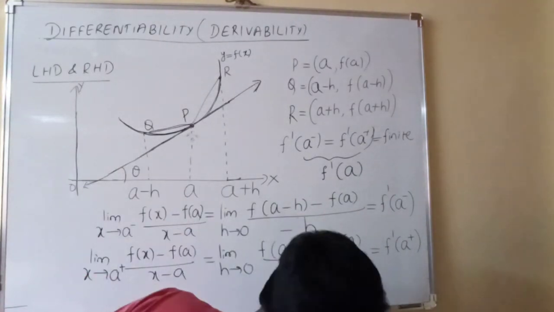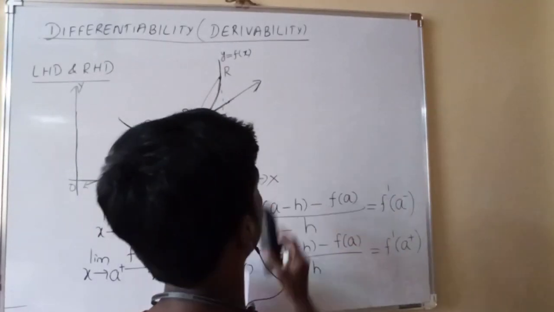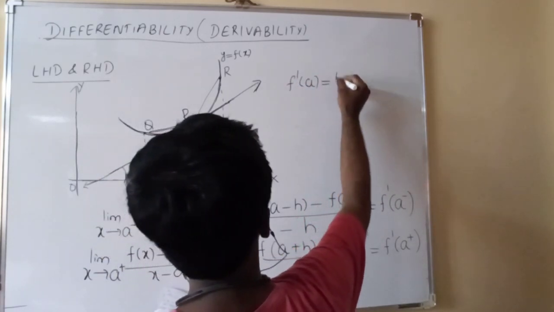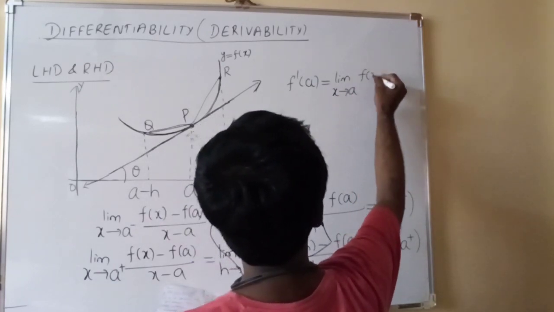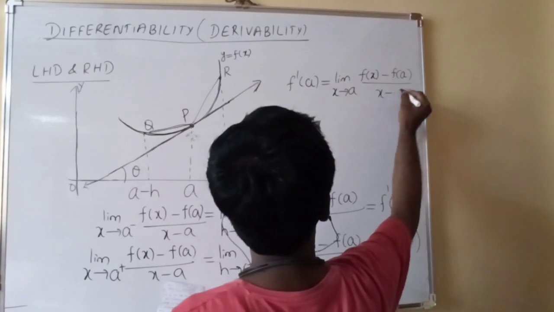Thus f dash of a is equal to, what is the formula? Limit as x tends to a of (f of x minus f of a) by (x minus a).